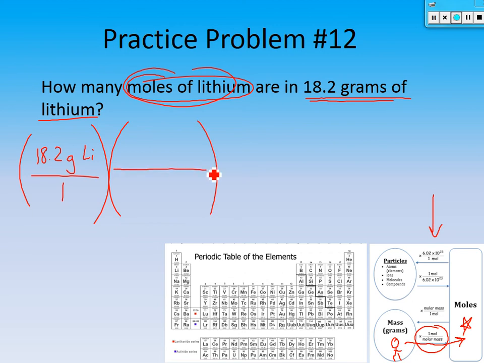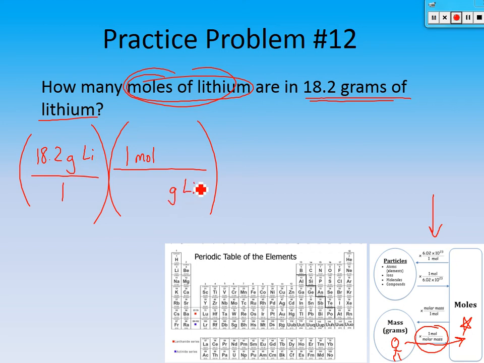Okay, so I add that new conversion factor in. It says that 1 mole is on top, so I'm going to put that. And the molar mass is on bottom. But it doesn't tell me what molar mass you're talking about because every problem is going to be different. So what substance are we talking about here? Lithium. But here's an easy way to determine that: whatever you start with, whatever is here needs to come down here.